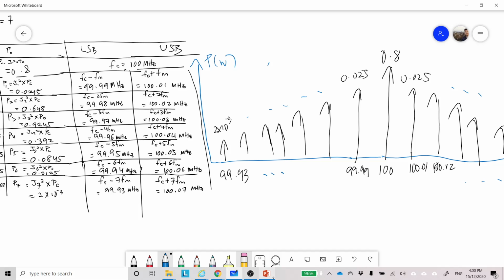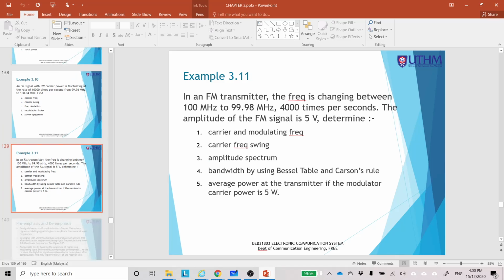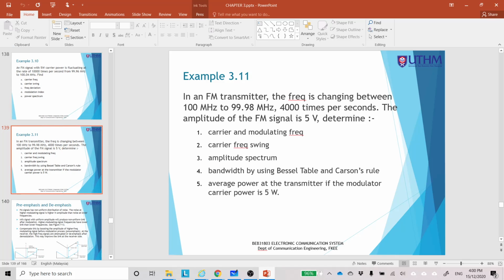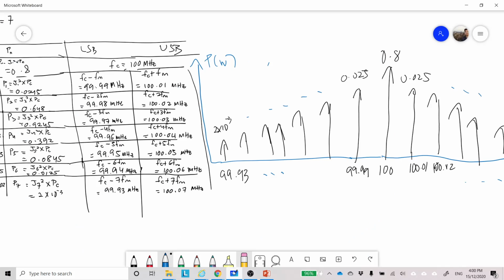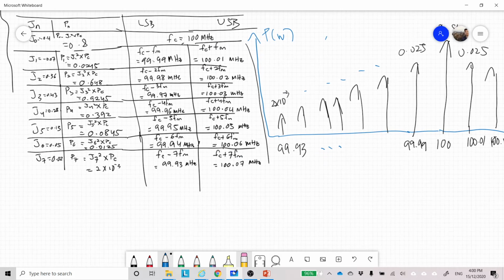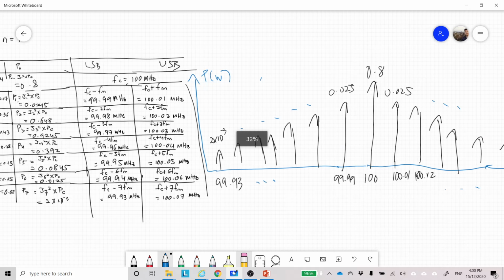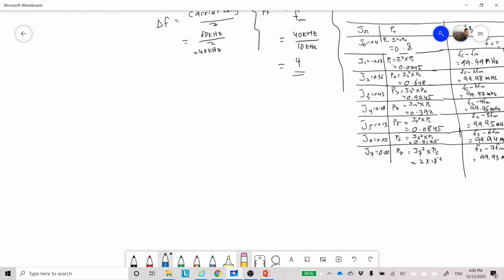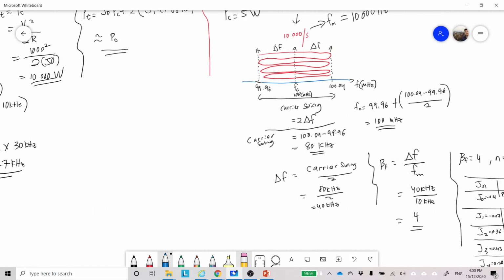Okay, seterusnya adalah example 3.1. Ini pun lebih kurang macam tadi. Okay, lebih kurang macam tadi. So saya kecilkan dulu. Saya punya whiteboard ni dia sangkut-sangkut lah.